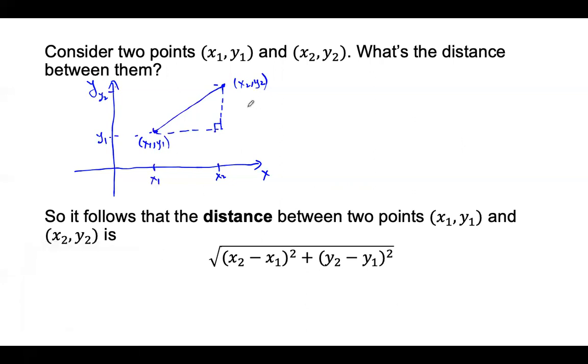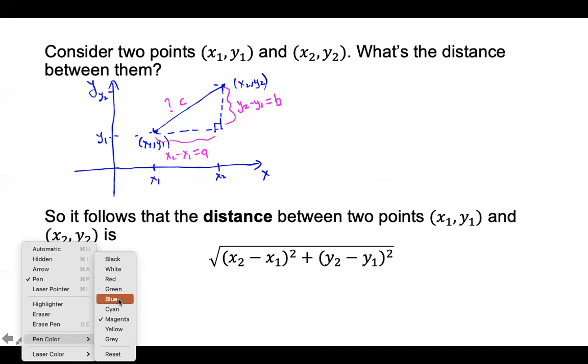So we could see that this change in distance, Y2 minus Y1, is equal to, let's call it B. And this change in distance is X2 minus X1. Let's call that A. So what is this distance here between the points? What is C?